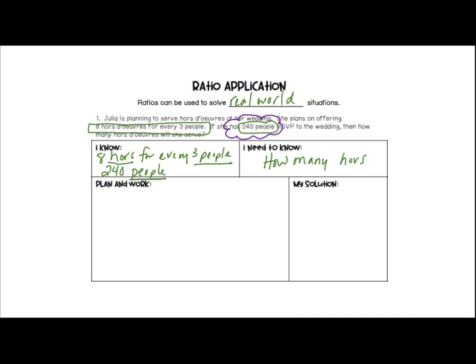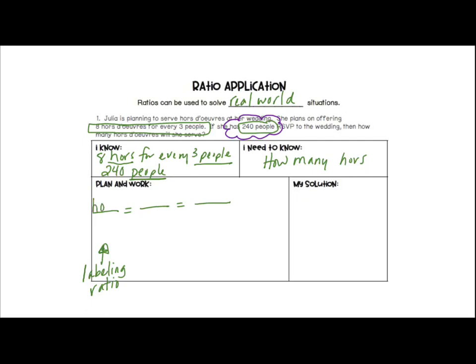When we set up our ratio comparison here, we are going to use a set of 3 ratios. The first ratio is what I call the labeling ratio. This is the ratio that tells us what it is we're comparing, keeps us organized, and makes sure that we don't make a silly mistake.